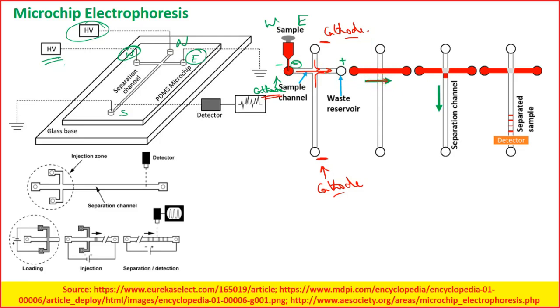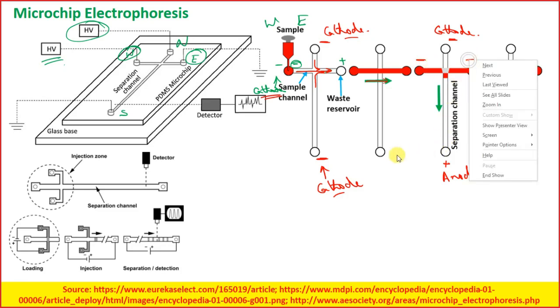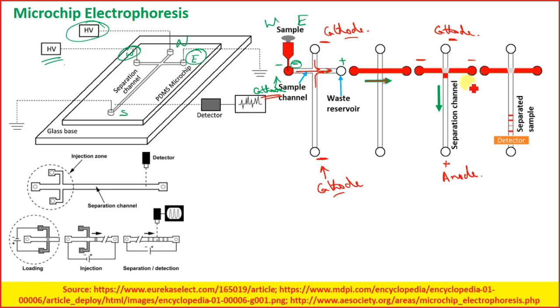Now next what is done is that we give the cathode position over here. This is cathode, because we are separating the anions, this becomes anode. Okay, so this becomes cathode.